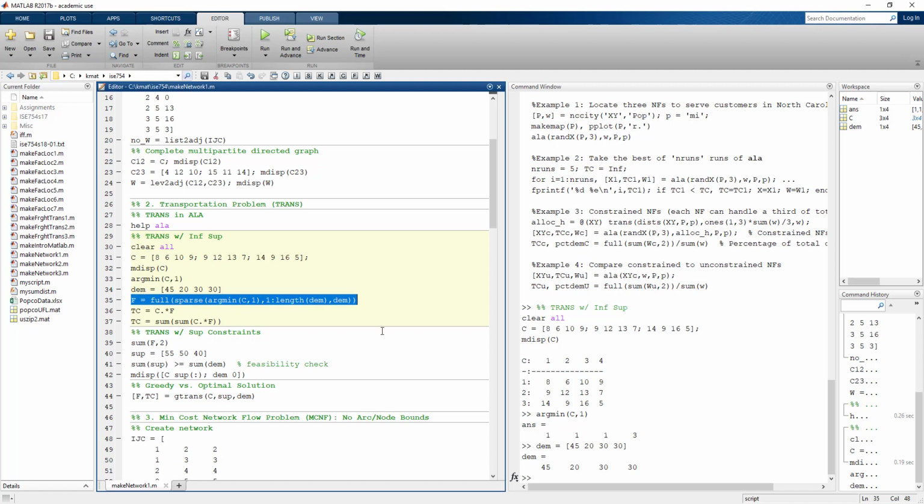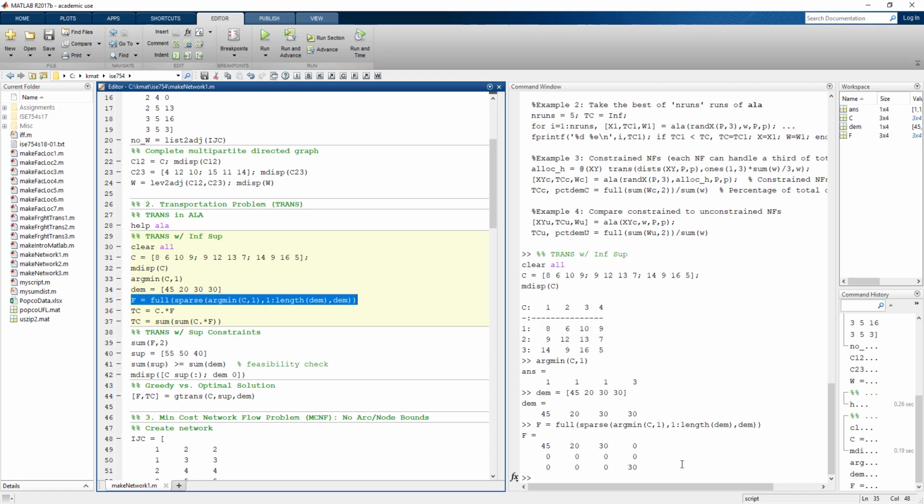So in the case of infinite supply, we can convert the C matrix, which represents all of the interlevel cost, and then it's typically going to be convenient to be able to represent the total cost, to be able to represent the actual amount that's going to be flowing across the arcs in the network.